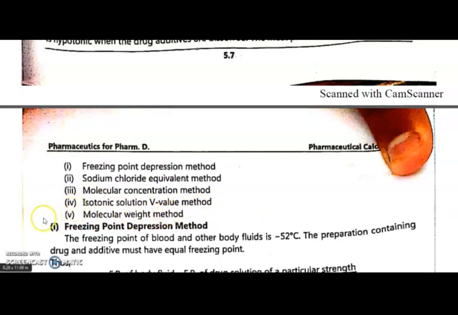In today's session, we are going to study the first two methods, those are freezing point depression method and sodium chloride equivalent method.